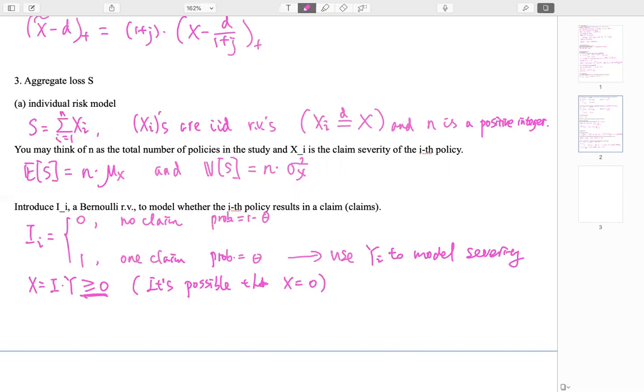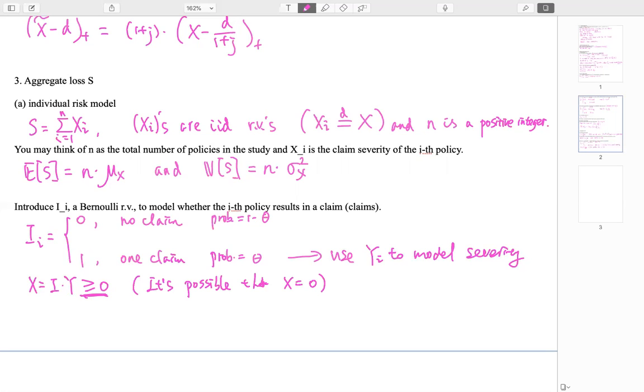And in fact, that is the most dominant case in pretty much all short-term insurance, right? Let's say if we consider auto policies, those that result in a claim are actually the small part of all the risk pool, right? Otherwise, insurance companies would go bankrupt, or the premium could be crazy.